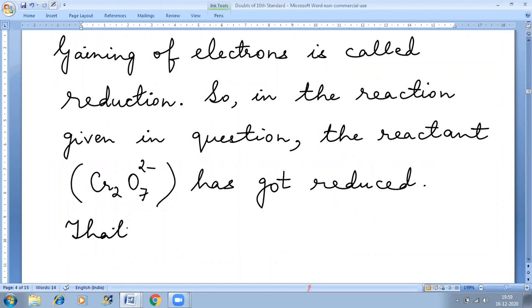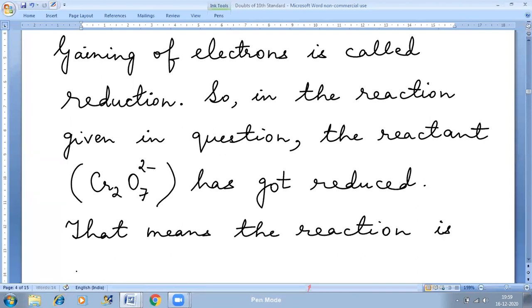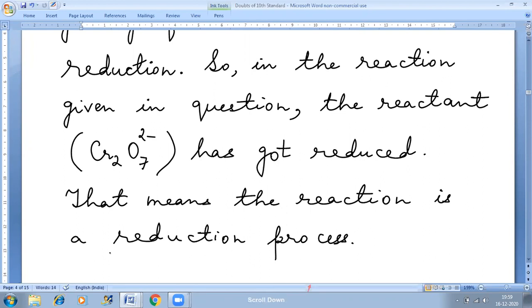That means the reaction is a reduction half reaction or a reduction process. So this is your final answer.